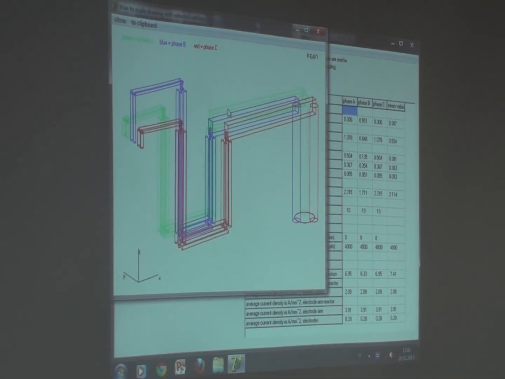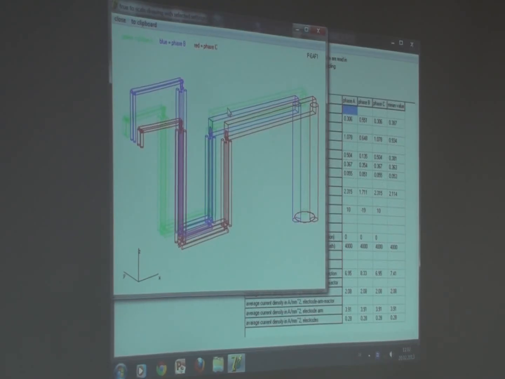Okay, number 2. Well, this is my first step. Reactance is an important parameter of the furnace power. I must now speak about short circuits and operational reactance.